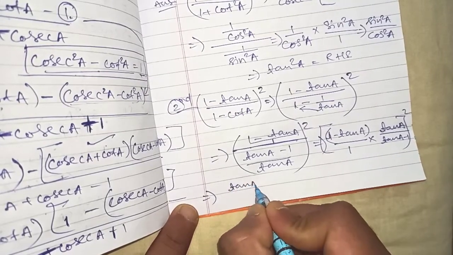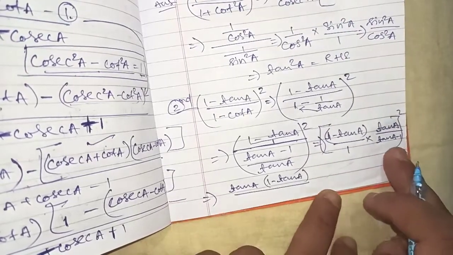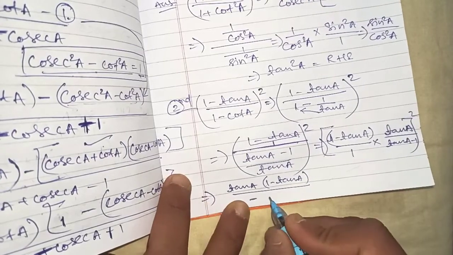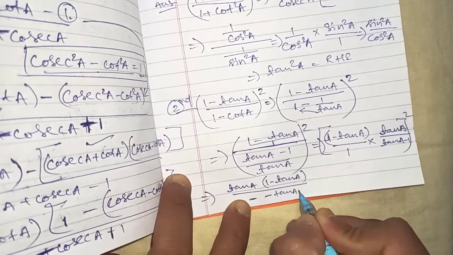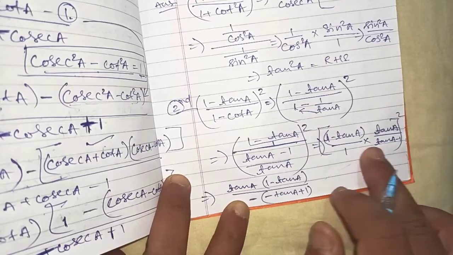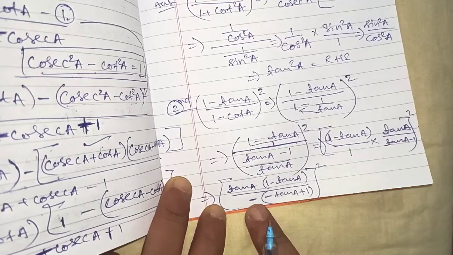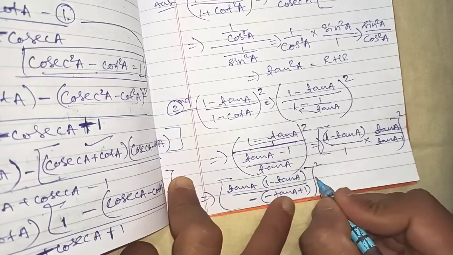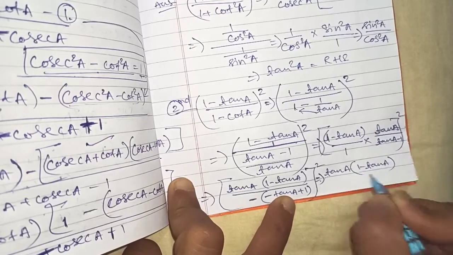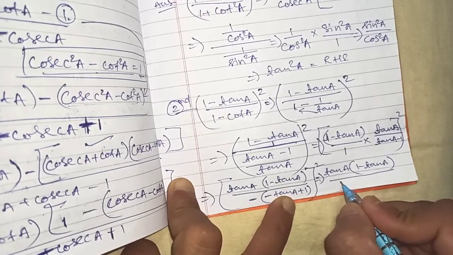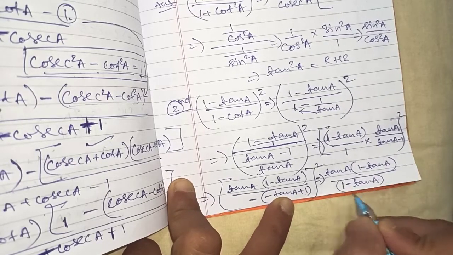Now we multiply. So we get tan a into (1 minus tan a) divided by, we take out minus common from here. So we get minus tan a plus 1. If we take out minus common, we get minus tan a plus 1. Now we arrange it. So we get tan a (1 minus tan a) divided by 1 minus tan a, writing the 1 first.